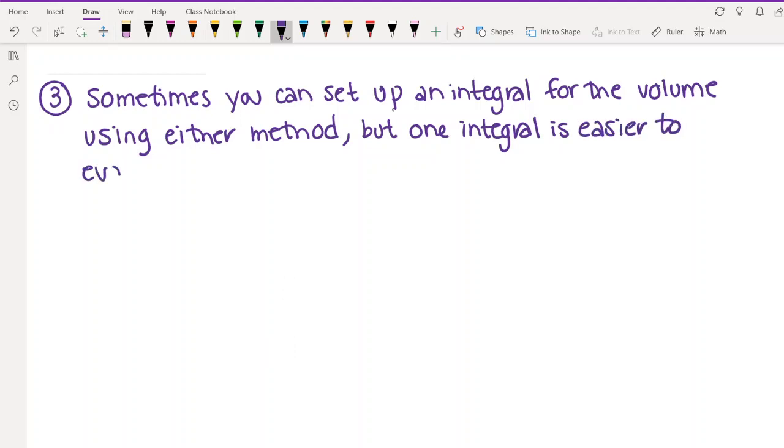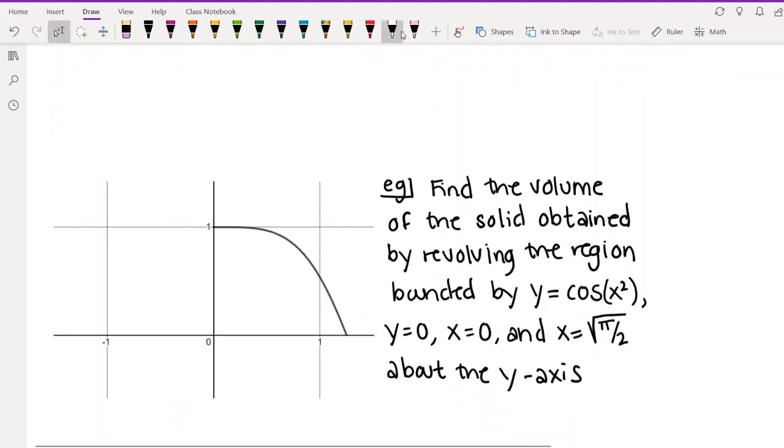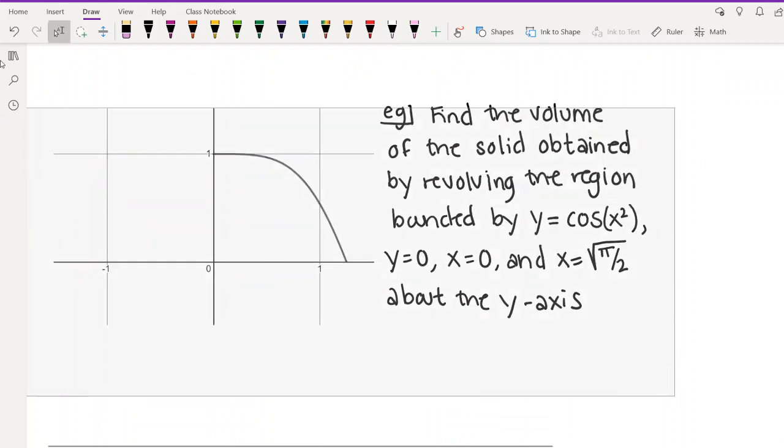There might even be situations where one of them is actually not even possible to evaluate.